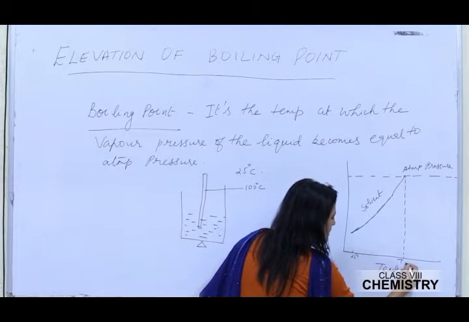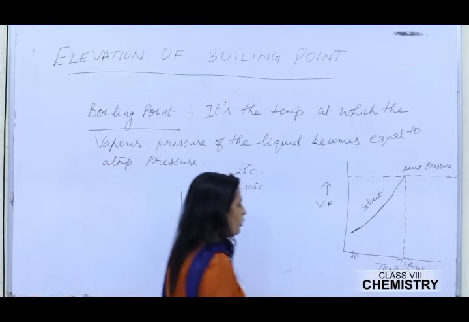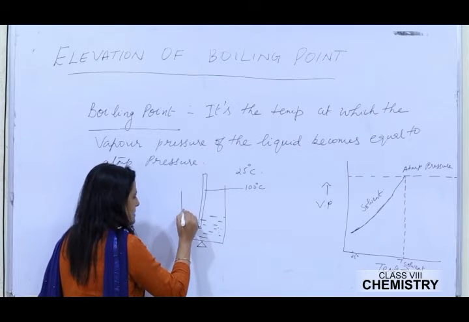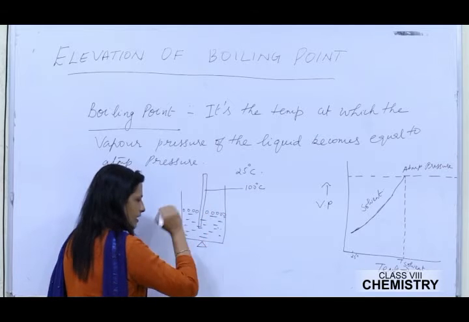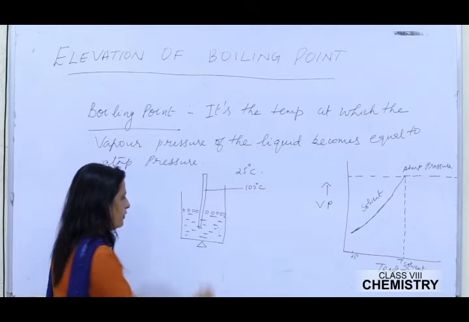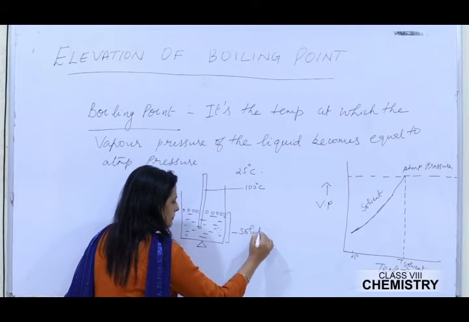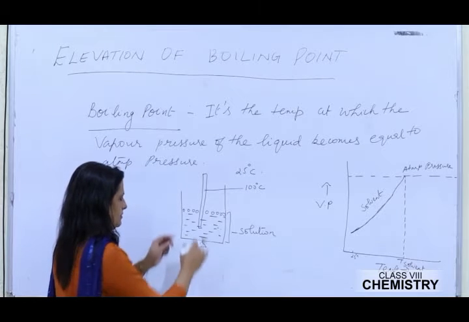I am just going to write here T solvent. Now what I am going to do is cool this, and to this we will add a little amount of non-volatile solute. Now this becomes a solution. We do the same experiment.